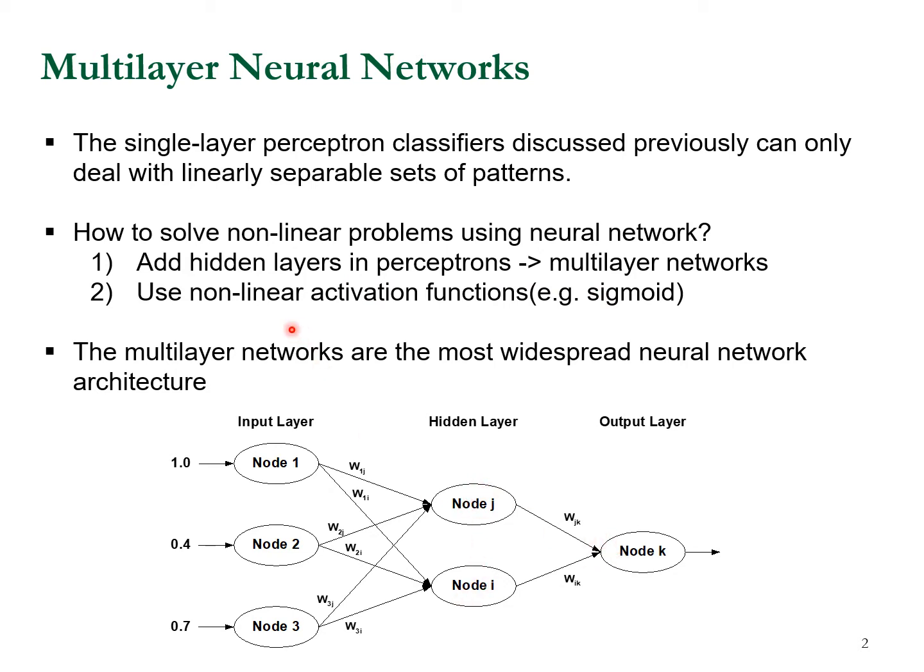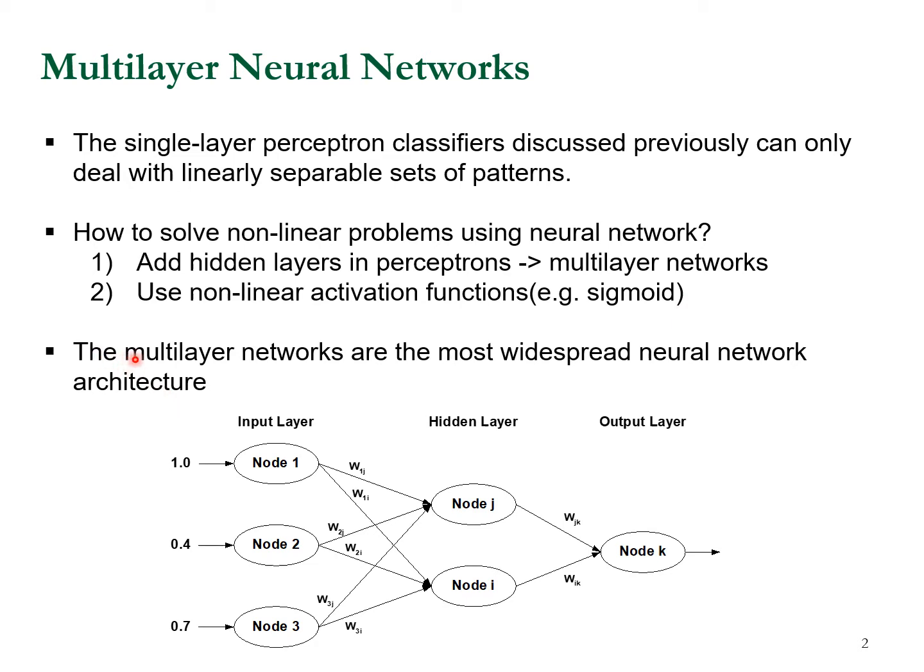By using these two solutions, this multi-layer network now becomes a non-linear classifier. That means this network is able to solve non-linear problems. So that's what we're going to study in this chapter.